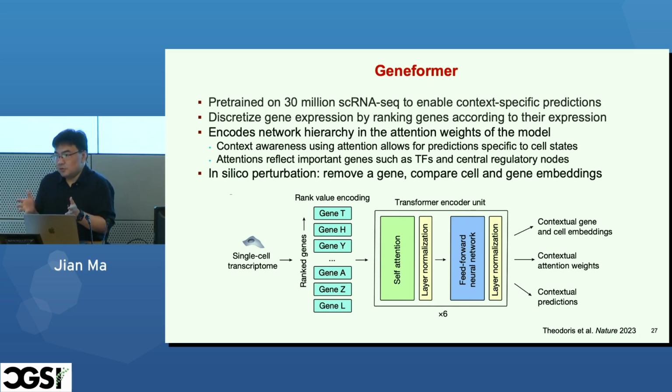You can also use the model to do in silico perturbation, meaning you remove a gene computationally and assess its impact. How? You remove a gene and compare the embeddings of the cell and of each individual gene before and after. If the embeddings are drastically different, that particular gene may have a very detrimental effect in that context. So that's Geneformer.